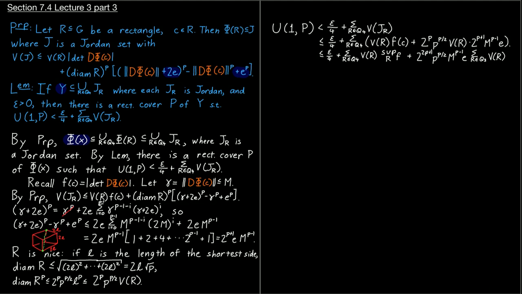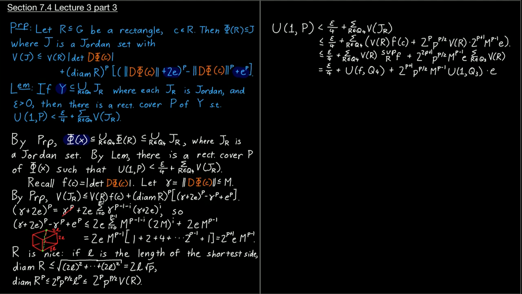Let's recognize a couple of these things. Epsilon over 4, then the upper Darboux sum of F over Q4, and then the whole mess of constants. Then we've got the upper sum of 1 over Q3.